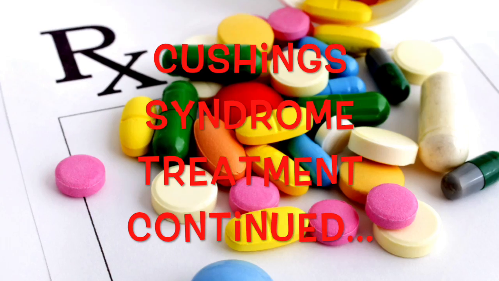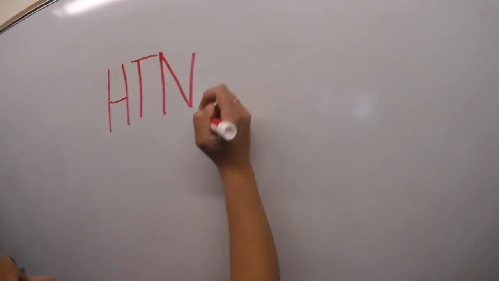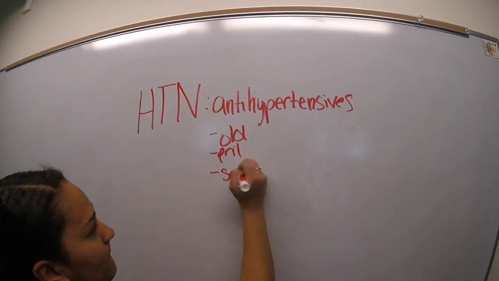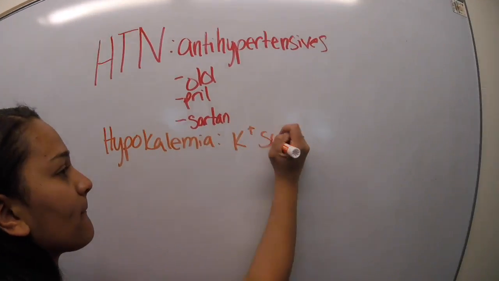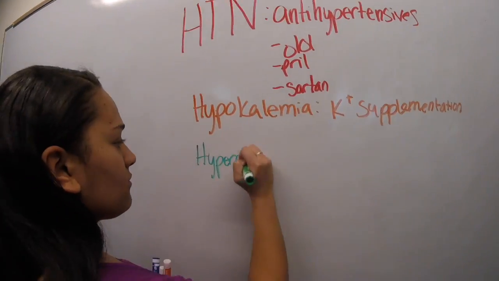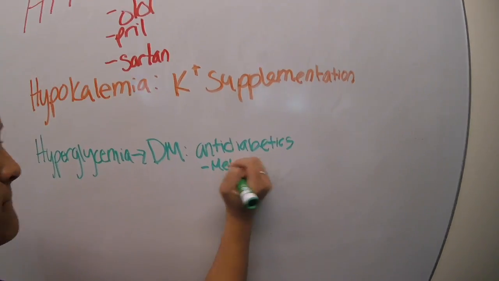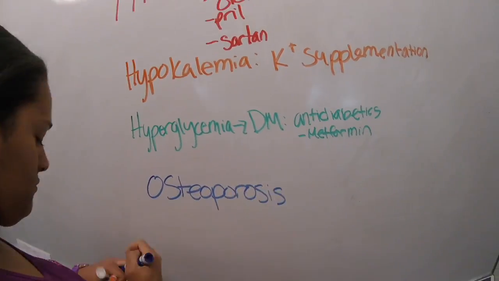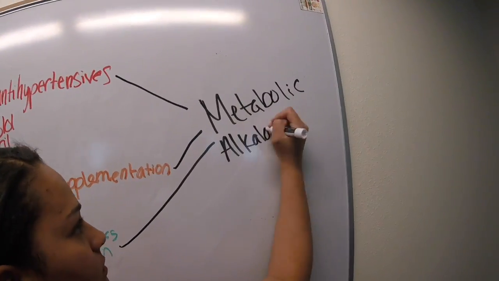To treat Cushing's, you need to treat the clinical manifestations: hypertension with antihypertensives, hypokalemia with potassium supplementation, hyperglycemia and diabetes with antidiabetics, and osteoporosis. All of these will treat the metabolic alkalosis.